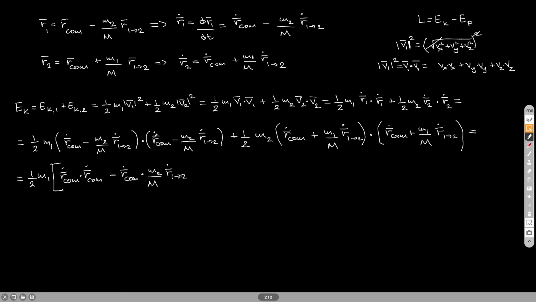And then I have this dot product with that, and finally I have m2 squared divided by big M squared, r dot from 1 to 2, dot product with the same quantity.